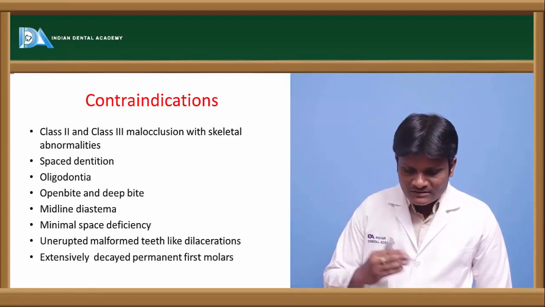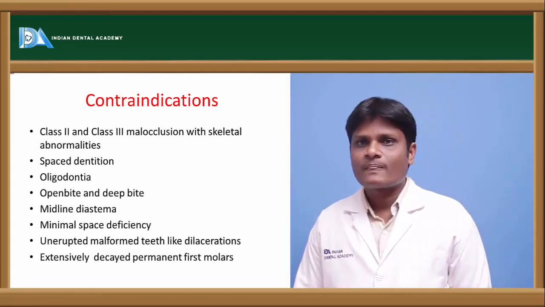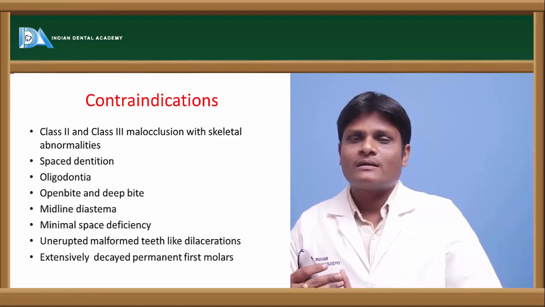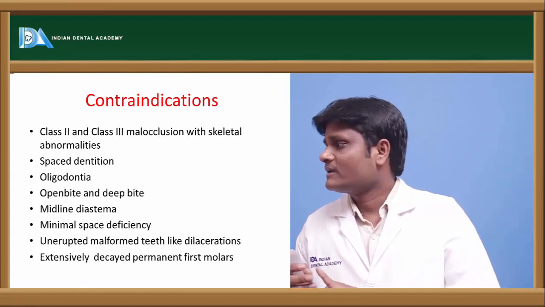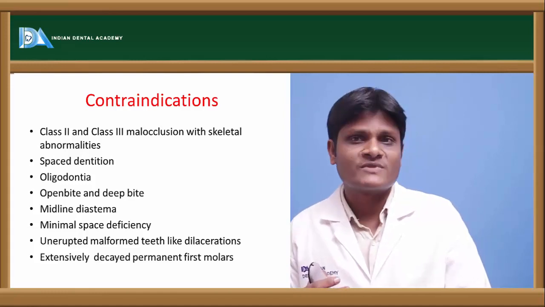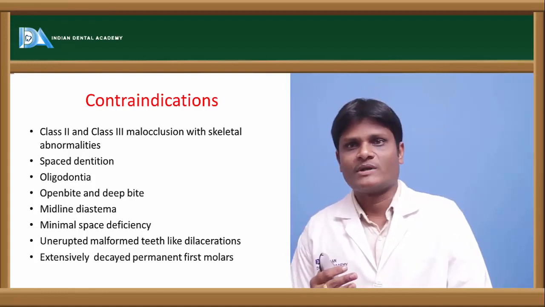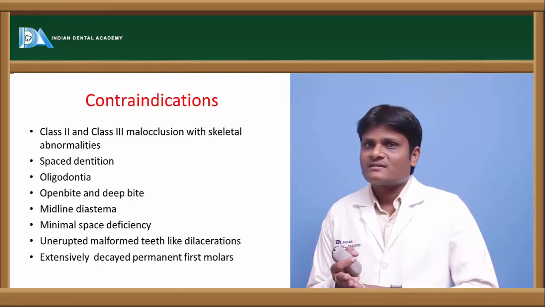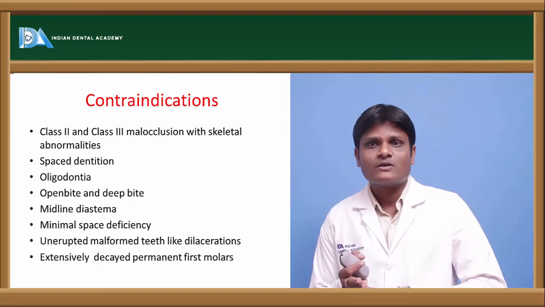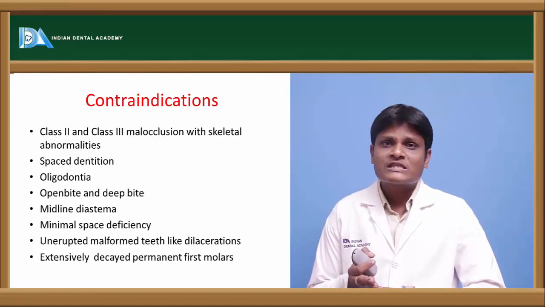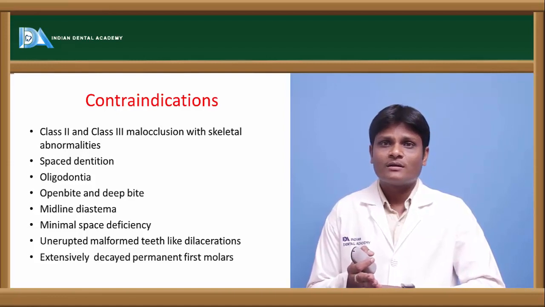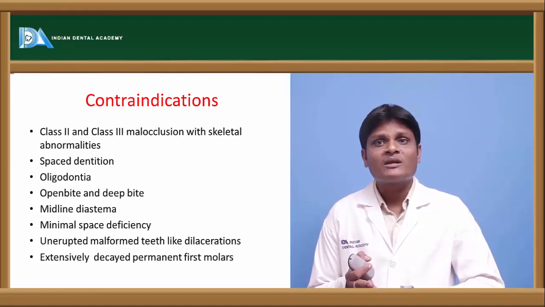If you carry out serial extractions in these cases, number 1, other complicated malocclusions like open bite and deep bite cannot be resolved by themselves. They need a comprehensive orthodontic treatment. Whereas if you go for serial extractions in cases of class 2 or class 3 skeletal or dental malocclusion, of course you might be able to relieve the crowding, but you will not be able to achieve an optimum occlusion of the dentition.